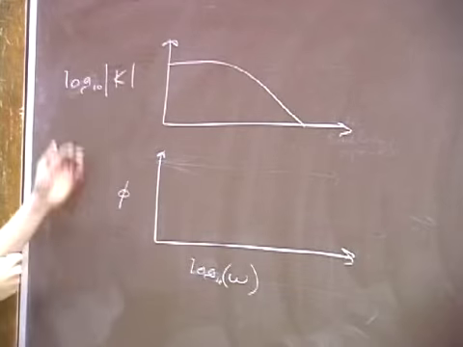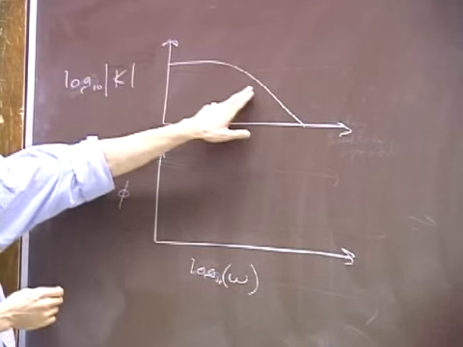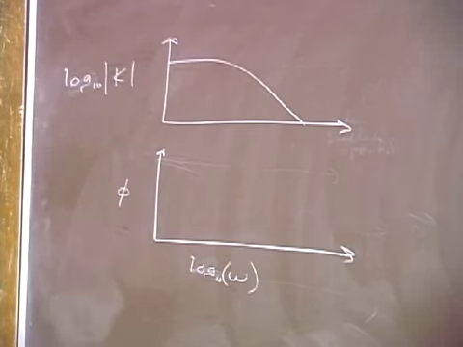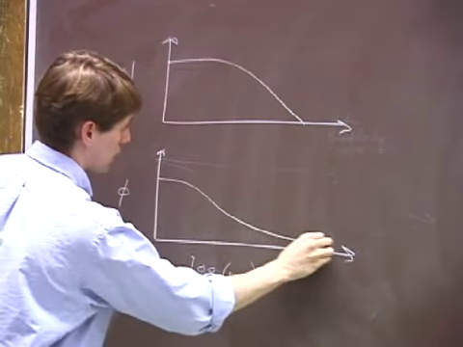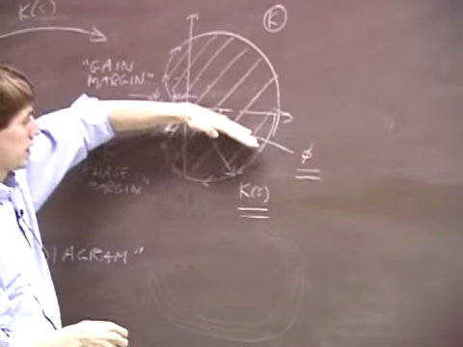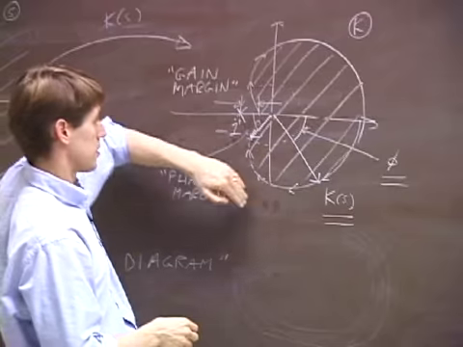So as we track along the omega axis, the magnitude of K will get smaller. And this is exactly what I've drawn here. Log of K: as omega increases, the magnitude gets smaller. And the phase has to decrease. So the phase does something like that. It starts out at 0, and it works its way down. This looks like maybe minus 60 degrees, minus 90 degrees.